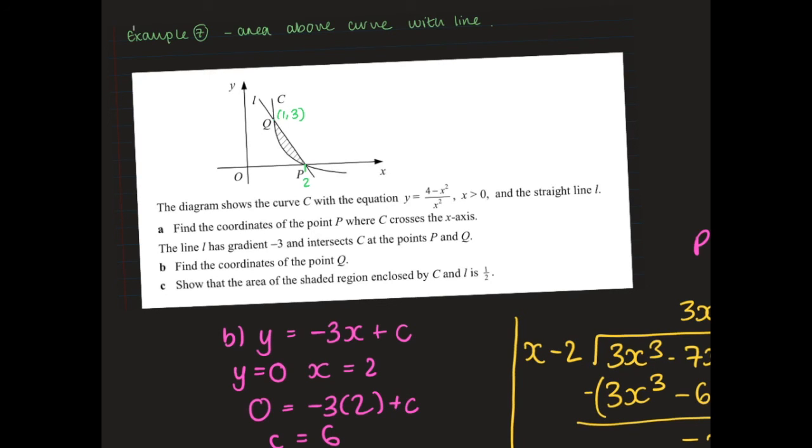So if I work out the integral of my function between these 2 points, I'm going to end up with this shaded area here. So to find the shaded area I actually want, I need to take away that from this triangle. I can use a half of the base times height, because I know that this is going to be 3 because of the y coordinate of Q. I know that this is 1, so I know that this is 1.